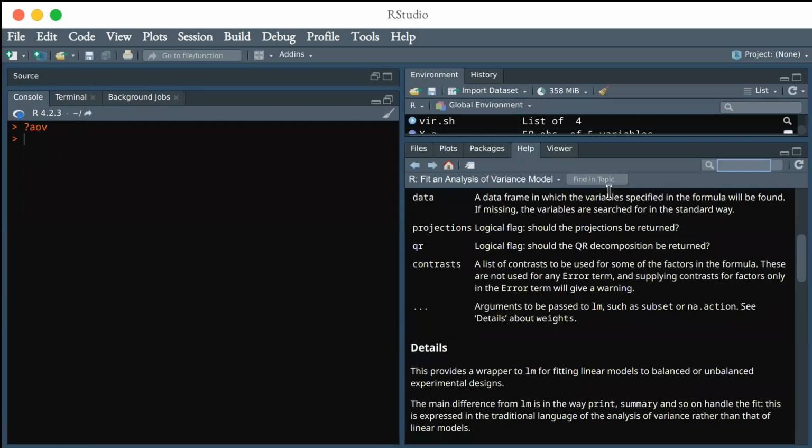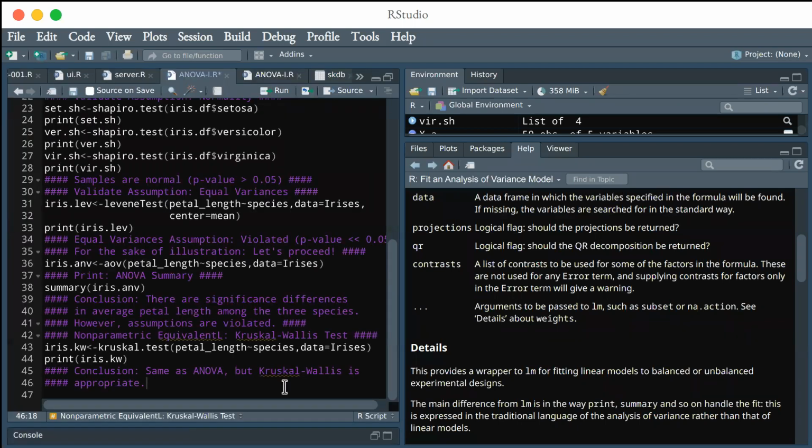I have to get into what a contrast is. So a post hoc comparison can simply use a t-test in R, which will give us intervals.